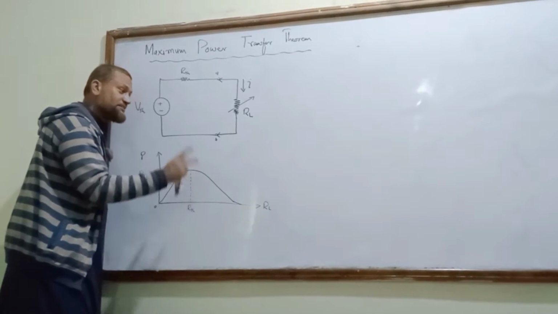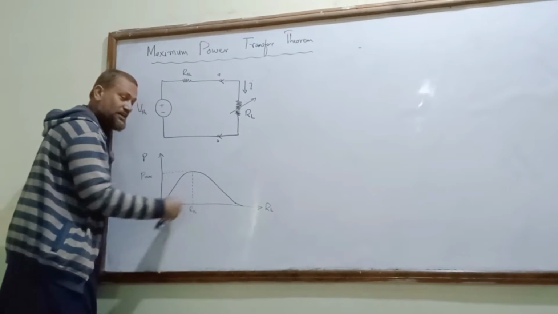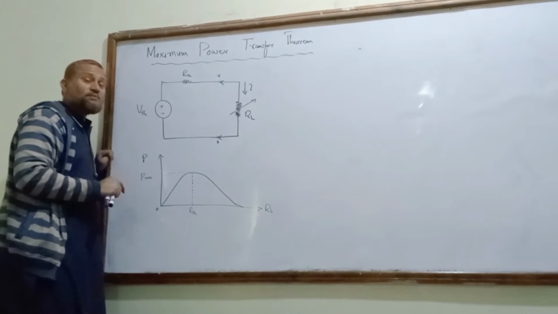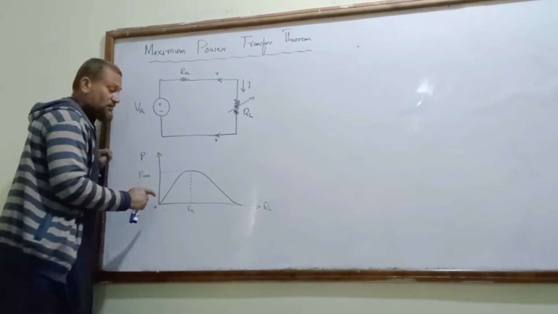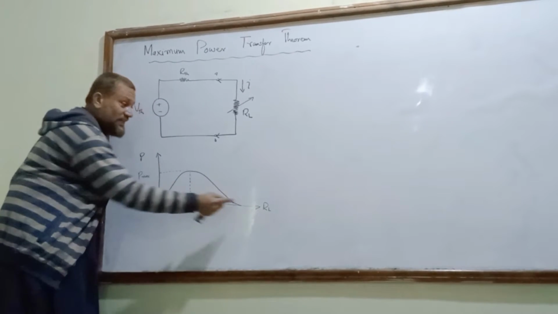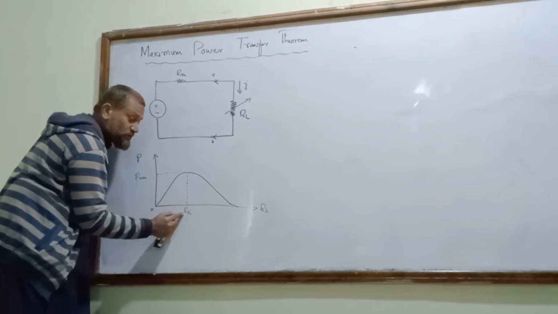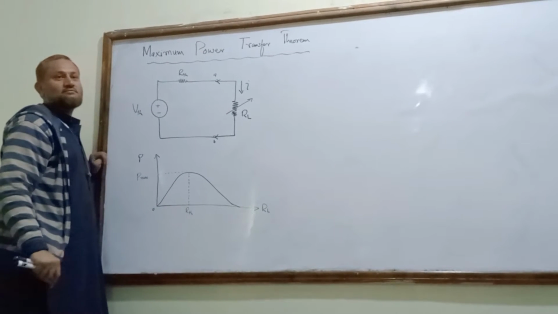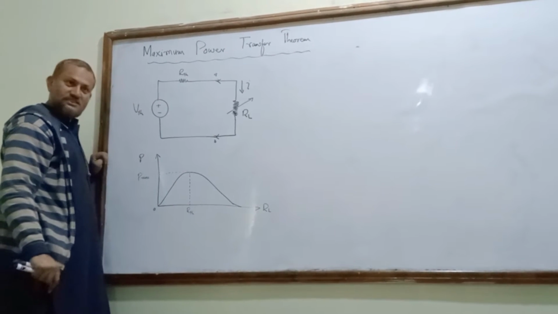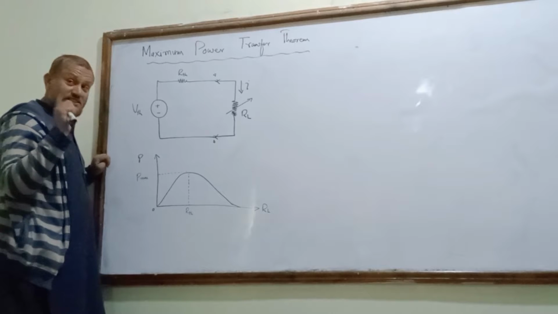Why? Because of mismatch over here, and the maximum power occurs at the point when this RL is equal to R thevenin. Understand my point? Understand my point or not?